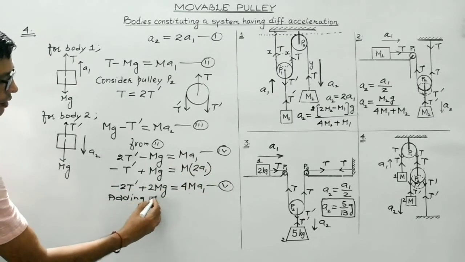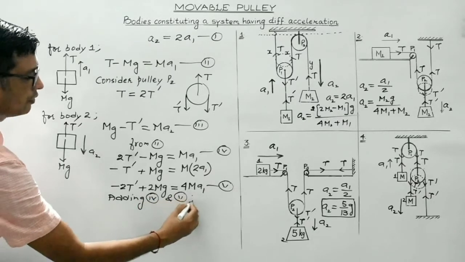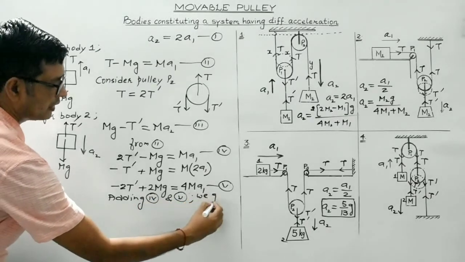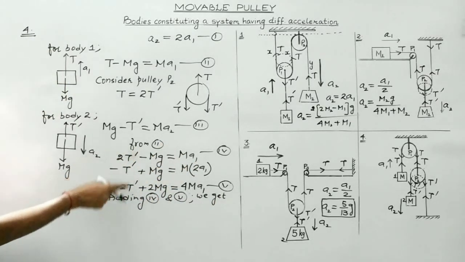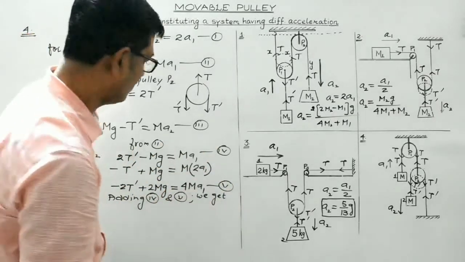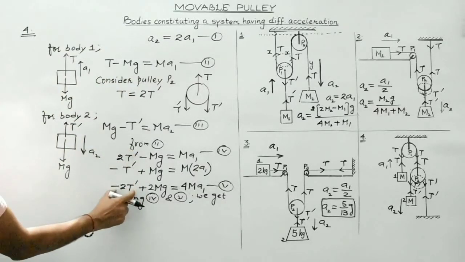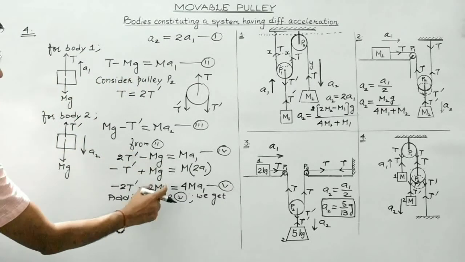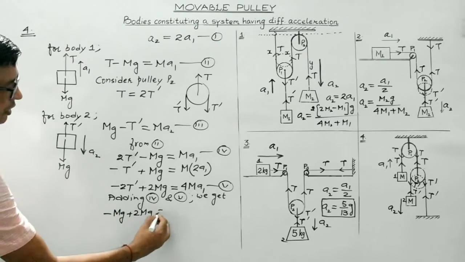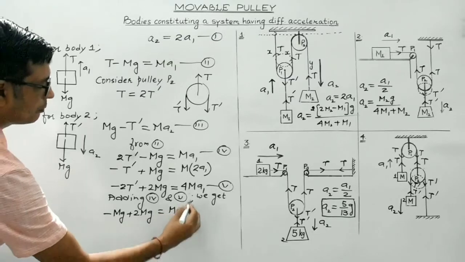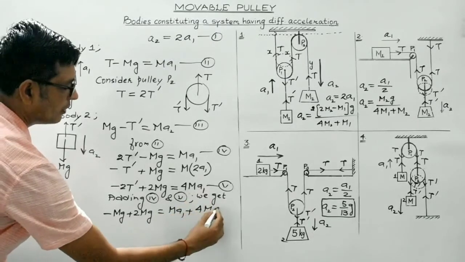Why are we adding? Because this is 2T dash, this is minus 2T dash. So on adding, T dash will get eliminated. So 2T dash minus 2T dash get cancelled. Minus mg plus 2mg is equal to ma1 plus 4ma1.